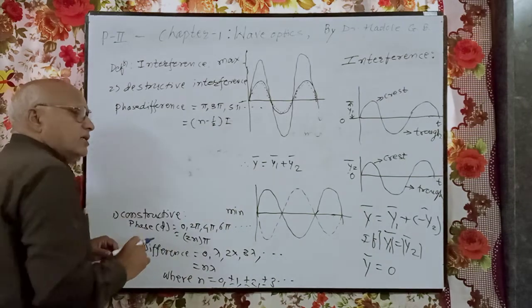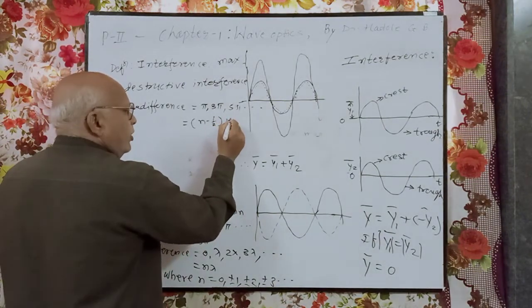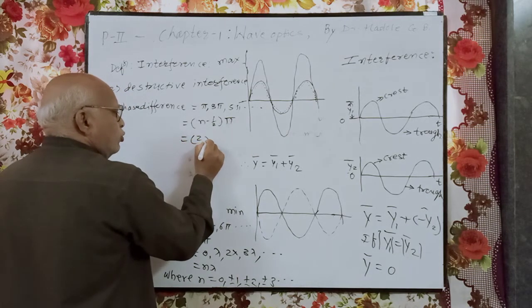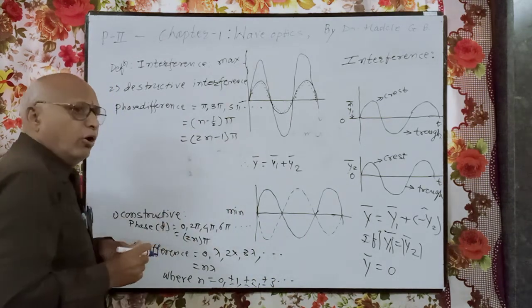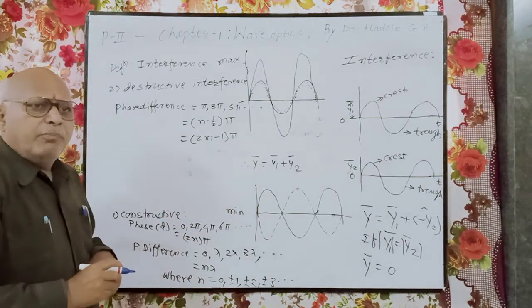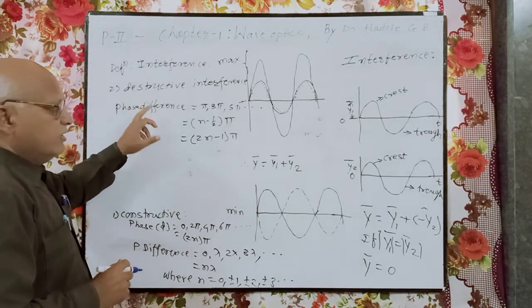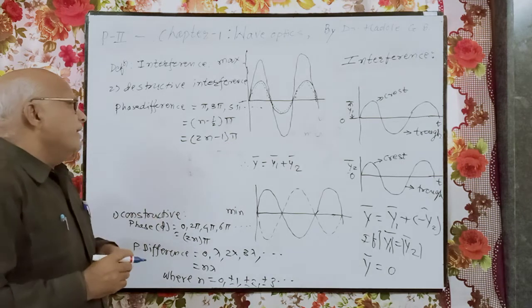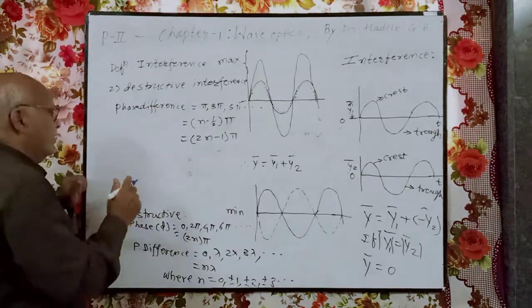This n minus half indicates the odd integer, or it is also equal to 2n minus 1 into pi, an odd integral multiple of pi. Then it is the destructive interference. If the phase difference is an odd integral multiple of pi, then the interference is destructive interference.